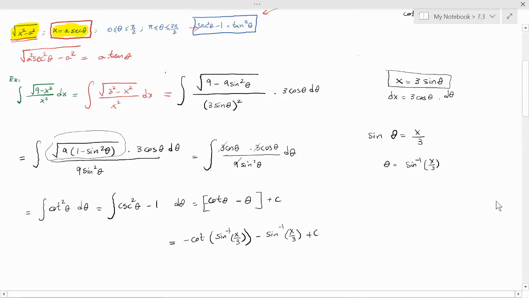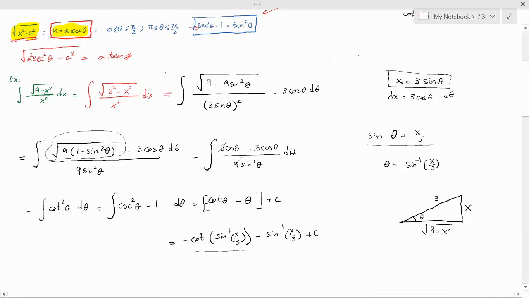And you would see that we already learned how to simplify this from the other sections. When we talked about the inverse of trigonometry, you can always draw this triangle and say this is theta. Given sine theta to be x over 3, sine is opposite divided by the hypotenuse. So this must be x, that must be 3. So you can calculate this length, which is the square root of 3 squared minus x squared, which is 9 minus x squared.